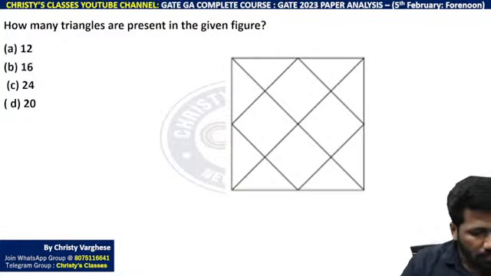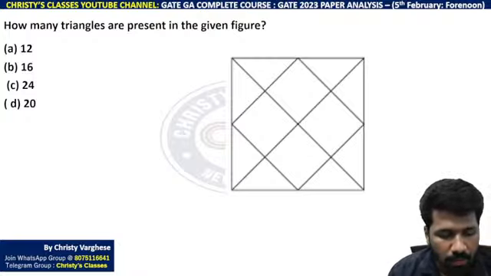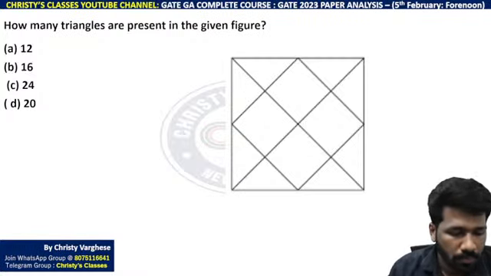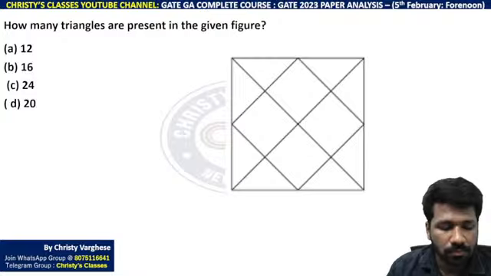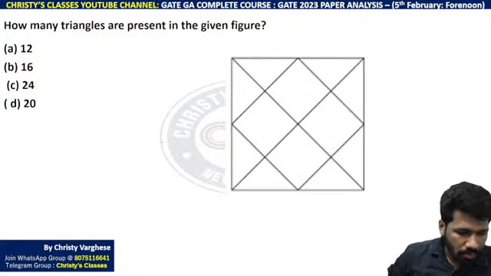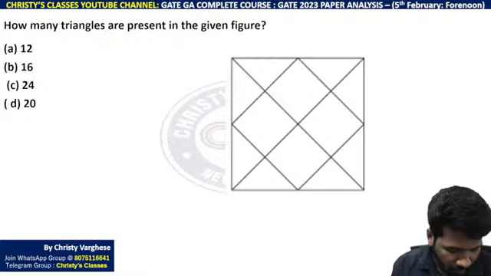All of you try. 24, many of you got. Let's see whether 24 is correct.